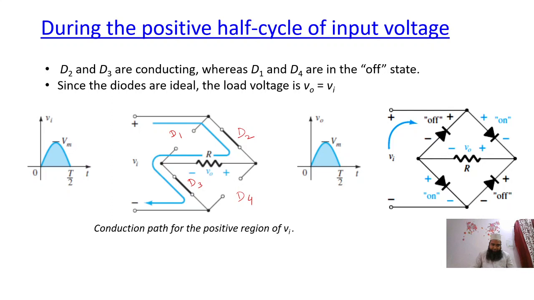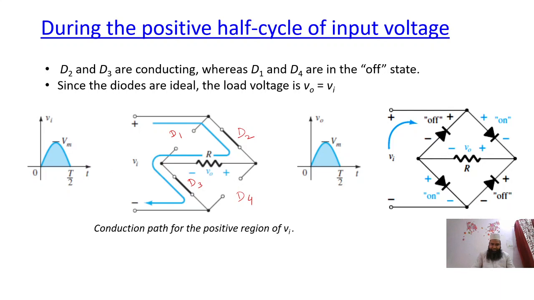So under the positive half cycle, D1 and D3 will be conducting, whereas D2 and D4 are in off state.